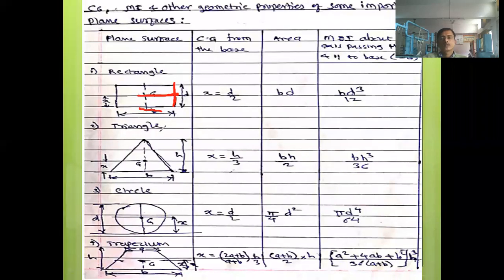Okay, next is the triangle. We know that the center of gravity CZ of the triangle is at h by 3 from the base and 2 by 3 from the apex.